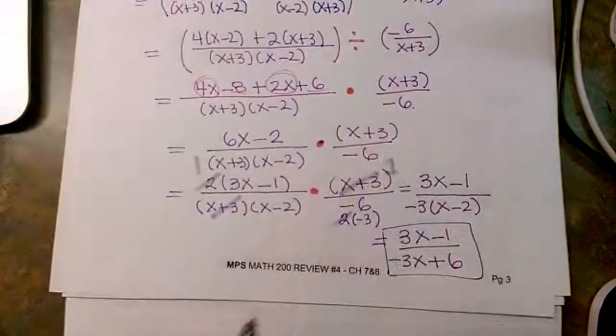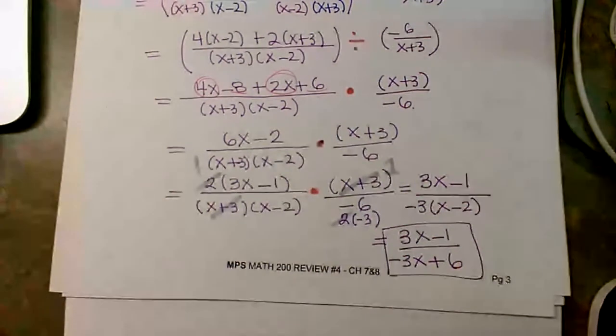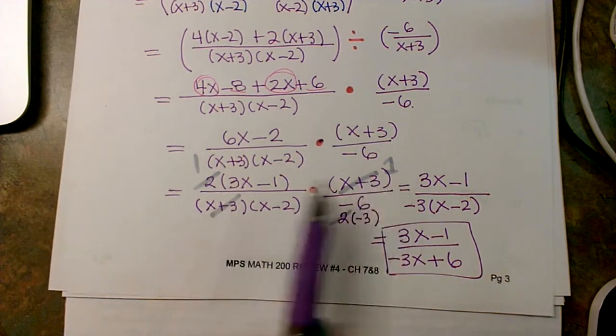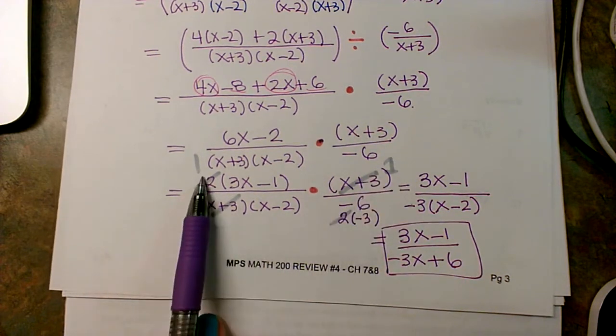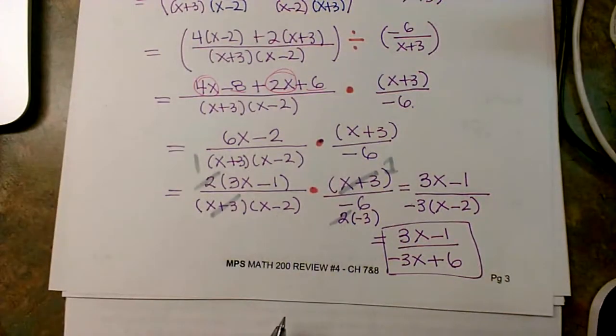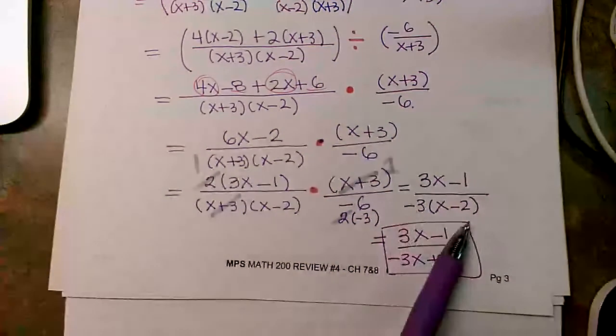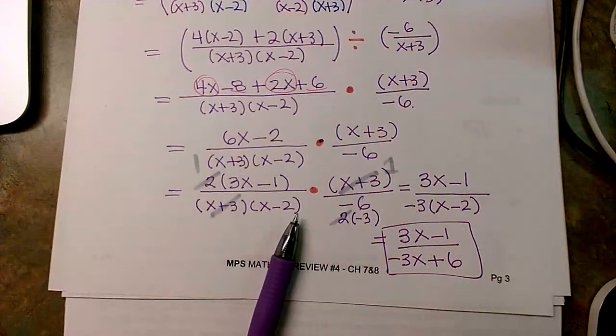I did that. Flip the fraction. Then I simplified. This is 1, 2, and 2. Then I distribute the negative 3 again. Okay?